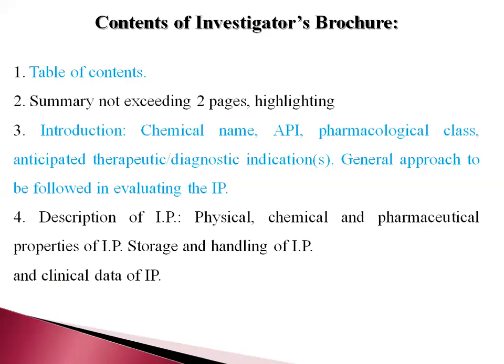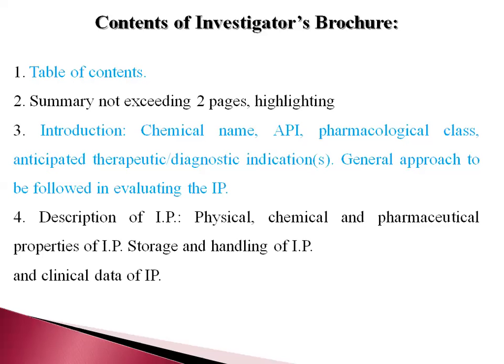Third one is introduction. In introduction, there will be chemical name of that particular compound, API related introductory part, pharmacological class, anticipated therapeutic or diagnostic indications, general approach to be followed in evaluating the IP. So that introductory part will be there at number 3.